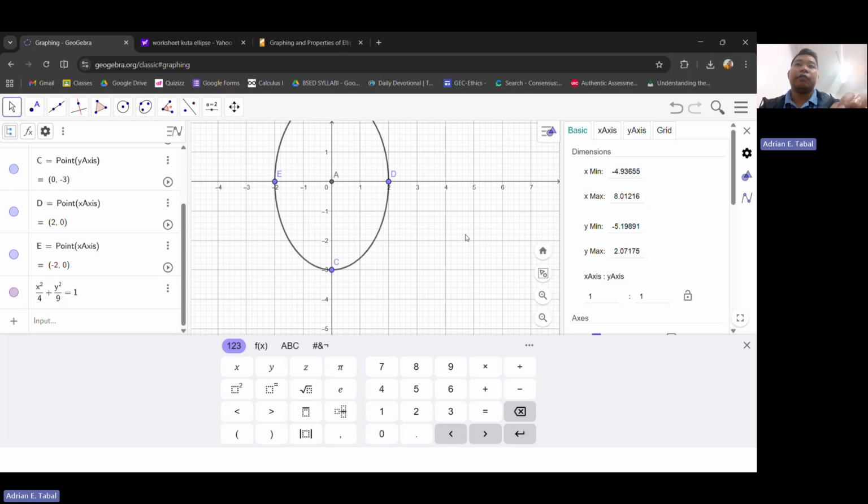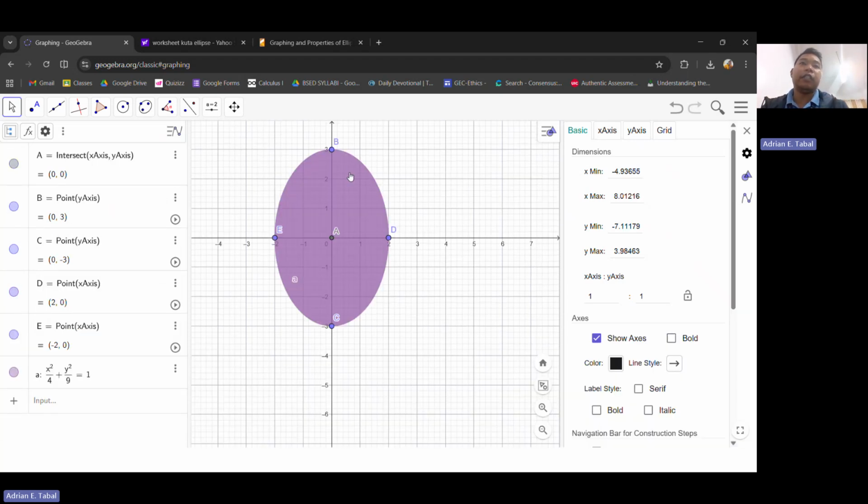Okay, so just looking at the graph, it touches the points that we have. We have the major axis B and C, and the minor axis E and D. And that is how you graph your ellipse.